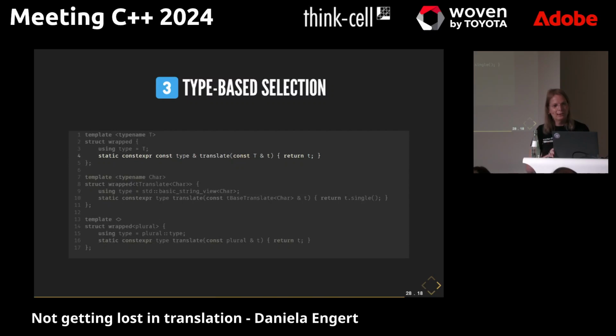Here it is the general case. Here it is for everything that we have marked as a translatable string, and this is the case where we were supplying the plural value, the cardinal.